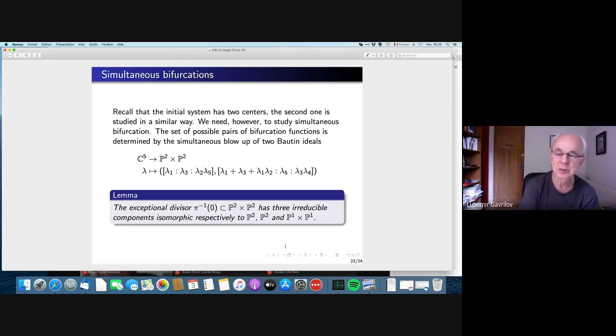And for instance, to compute all simultaneous pairs of Melnikov functions, you have to blow up two ideals simultaneously. So what is a simultaneous blow up? Okay, it is the following object. You take the graph of this map, which looks like the graph of the map before, but it is simultaneous. The image is not in P2, but in P2 times P2.